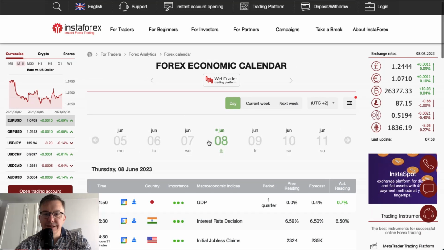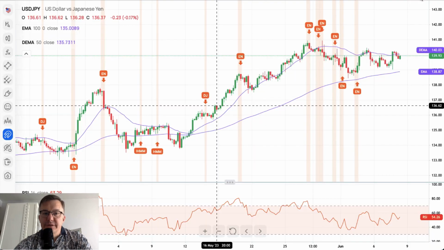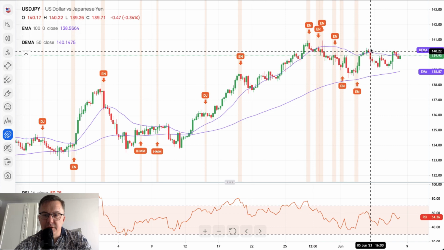Now let's jump to the first technical analysis chart, and we are going to take a look at the US dollar to the Japanese yen. The chart is showing us a period of consolidation.